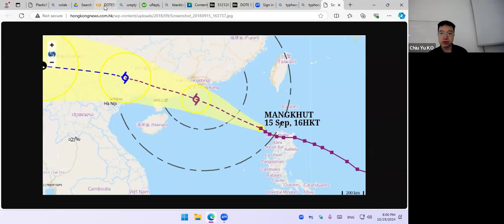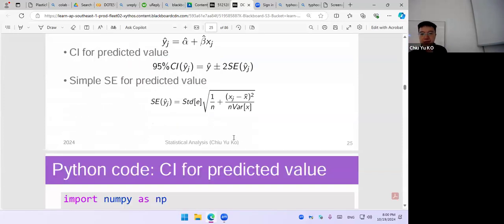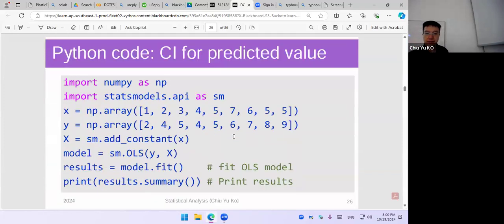Now what we're going to do is first figure out this is our model. We need to come up with the standard error and times 2, then you can do that. Of course, there's a formula for that, but we don't bother with it, we use the data. We will be using Python code. This is the data.